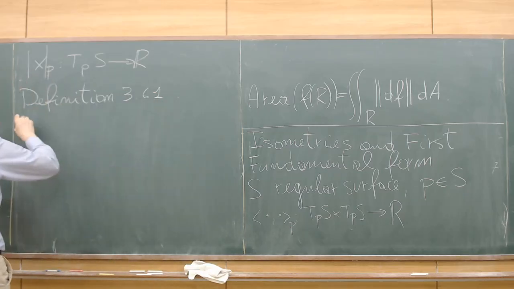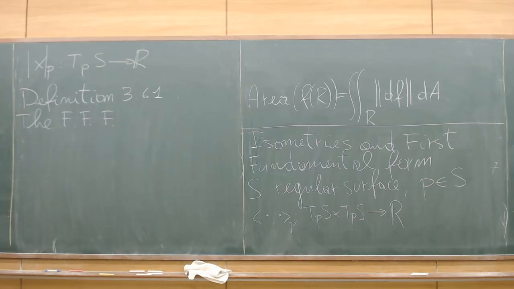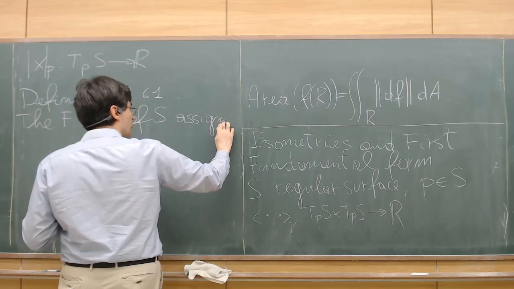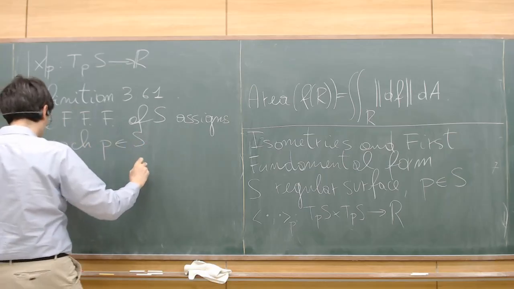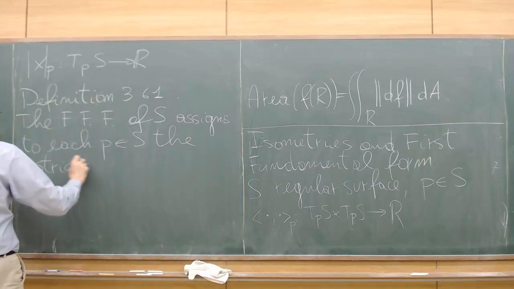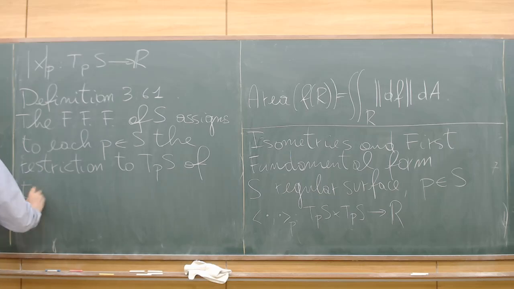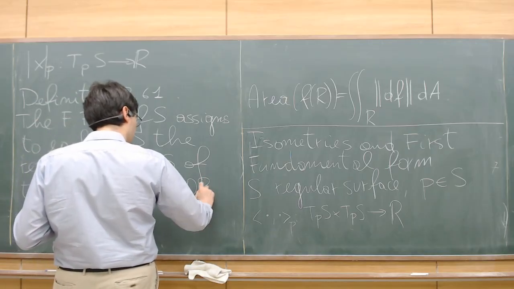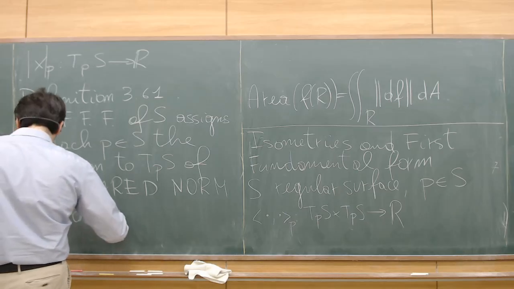So the first fundamental form, I will write FFF of S, assigns to each P in S the restriction to TPS of the squared norm function in R3.